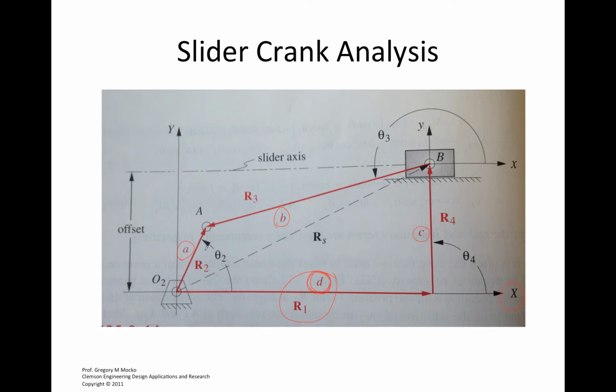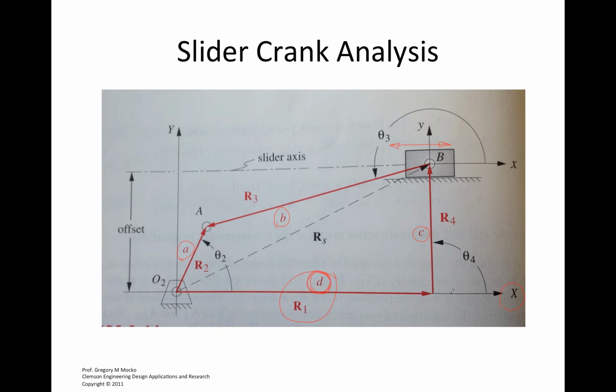So you can imagine if we're rotating our crank around counterclockwise this way, the length of link 2 and the length of link 3 does not change. This will oscillate to the left and the right.